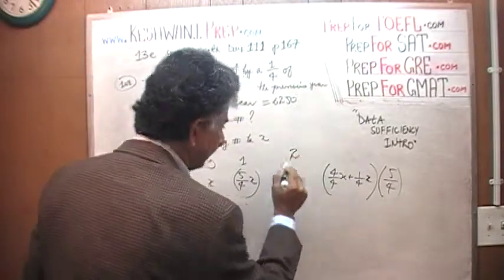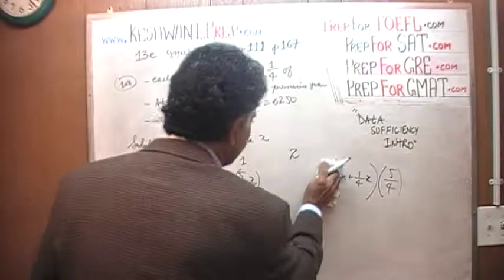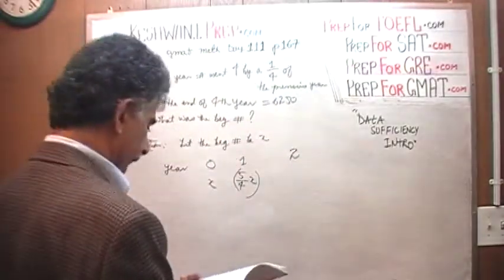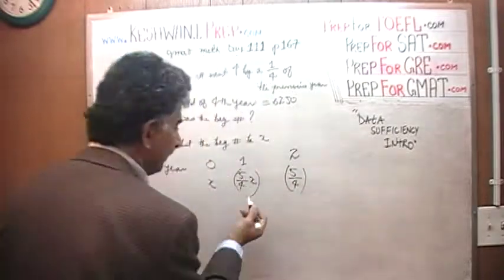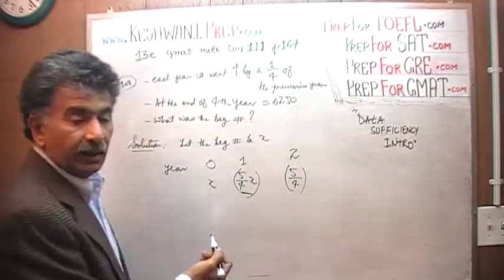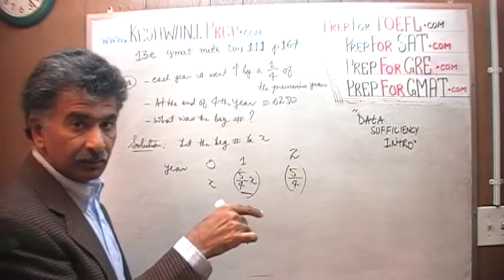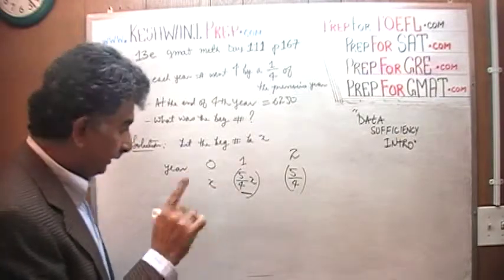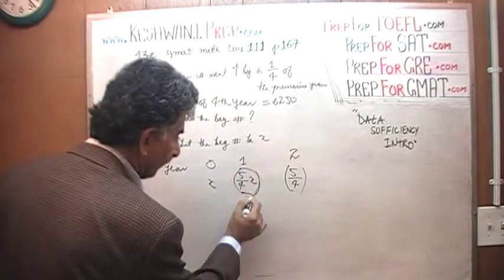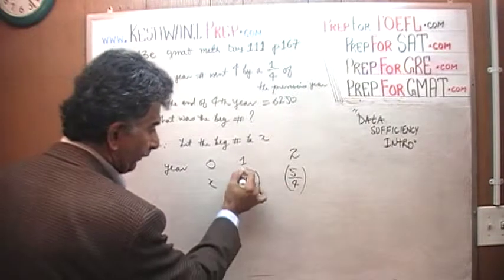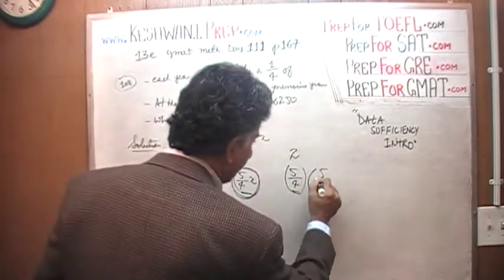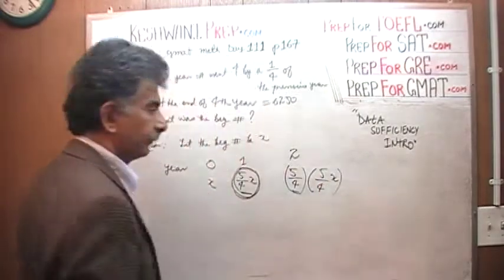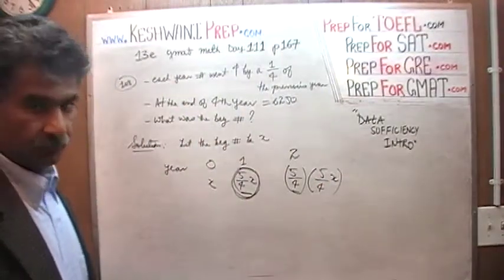The second year, what we have is 5 quarters of the amount that we started out with at the end of the first year, which is the beginning of the second year. At the beginning of the second year, we started out with this amount, 5 quarters of x, and now this amount has increased by 5 quarters. So we have 5 quarters of 5 quarters, and so on and so forth.